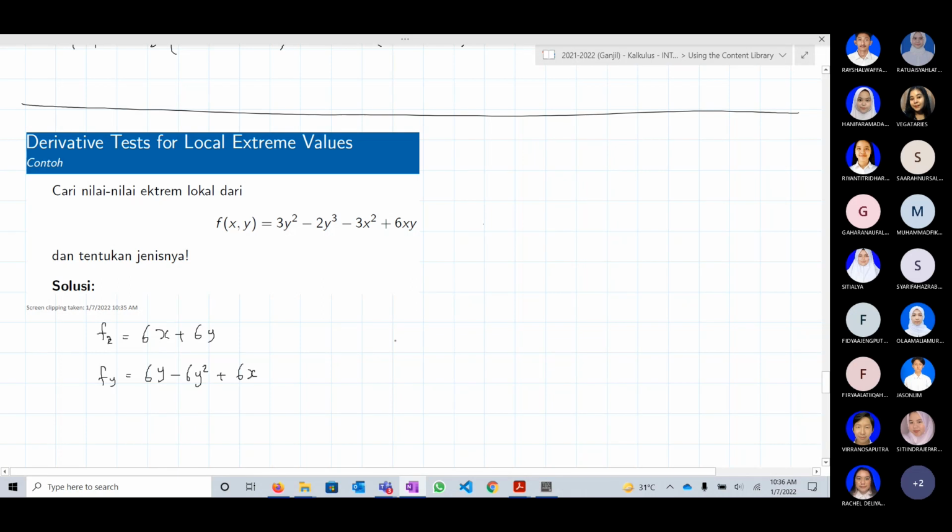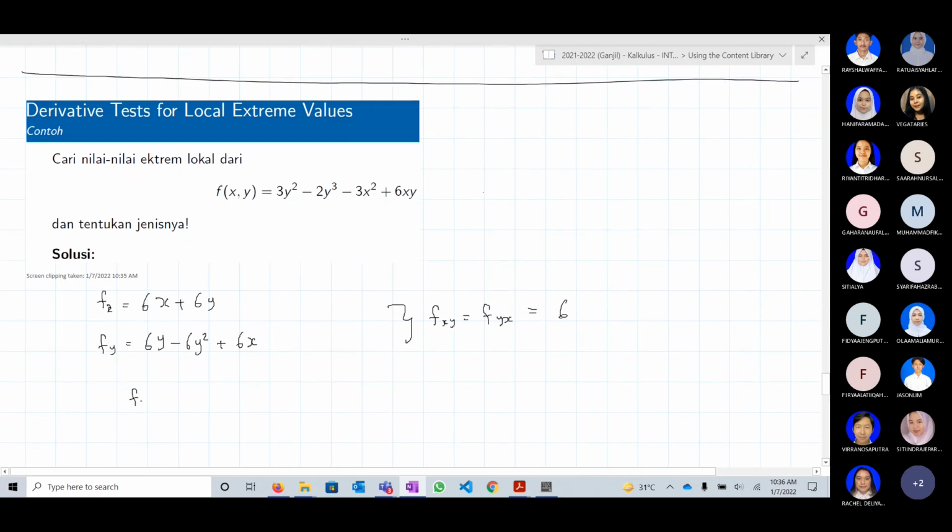So from here we have fxy, which is equal to fyx, which is equal to 6. And we have fxx is equal to 6, and fyy is equal to 6 minus 12y.